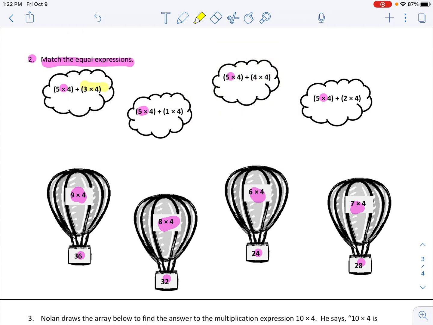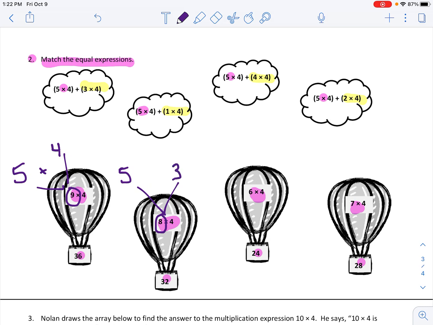It has to do with this second part, okay? They're breaking this number 9 into a 5, and what do we need to add to the 5 to equal 9? A 4. They're breaking this 8 into a 5, and what do we need to add to the 5 to get to 8?